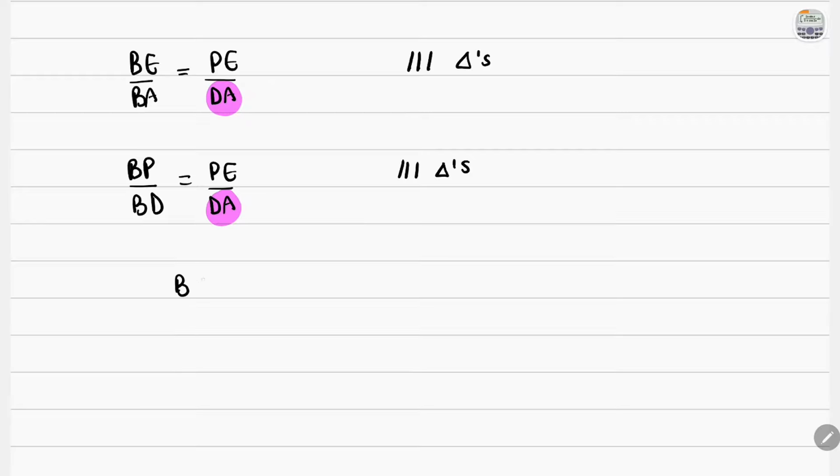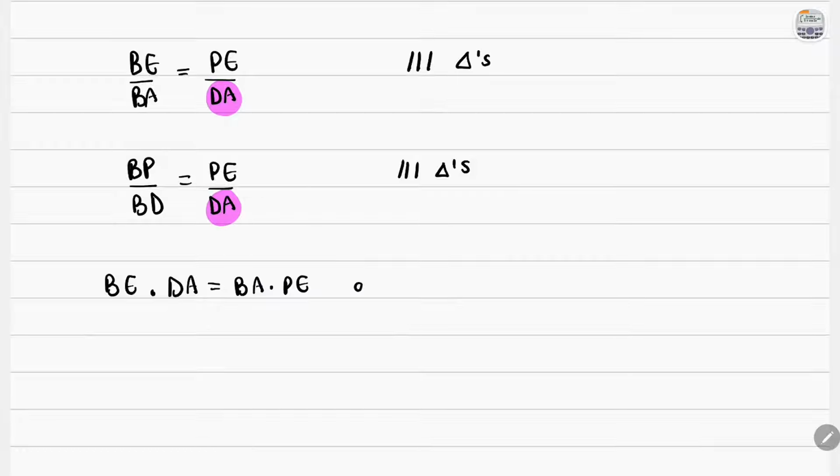This is BE multiplied by dA, and that is equal to BA multiplied by PE. I can see how this is not going to work out, to be honest, because the problem is PE is in the numerator in both equations. I'm just going to continue.